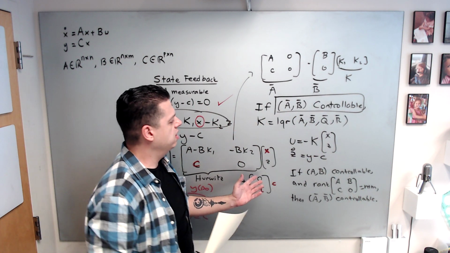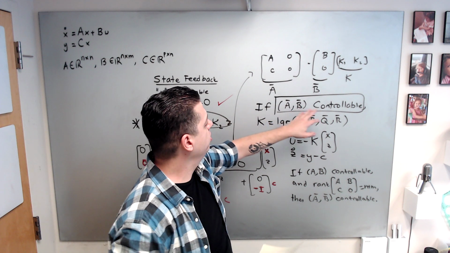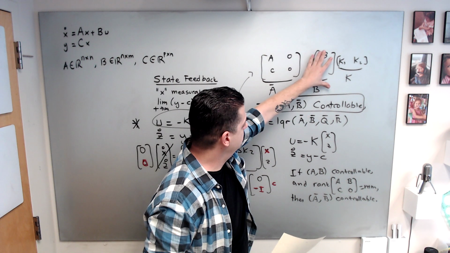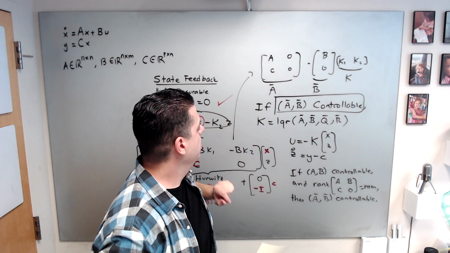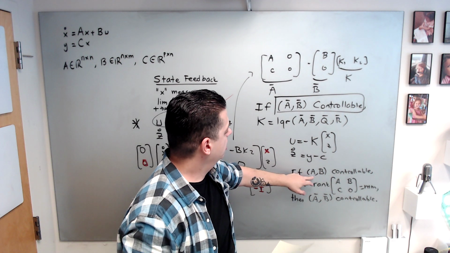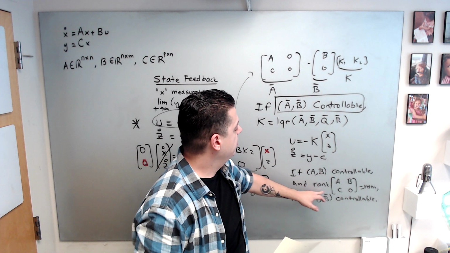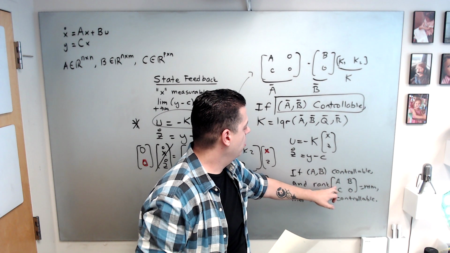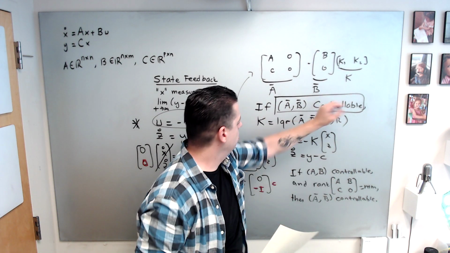So basically you can either check the controllability of A bar, B bar before applying LQR, or you can check regular A, B's controllability with this rank condition. If they hold, this is controllable.